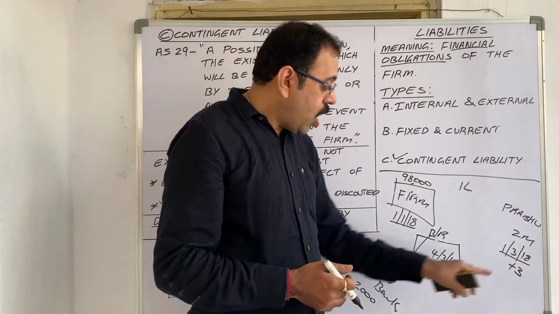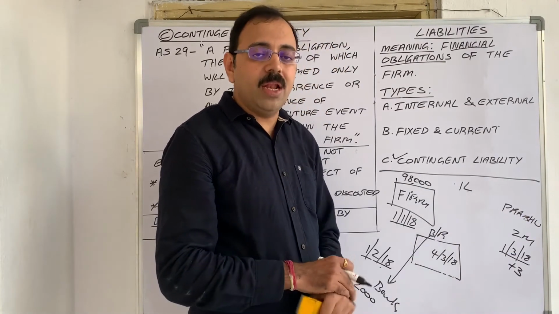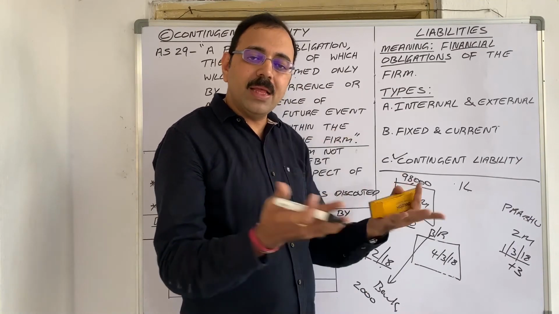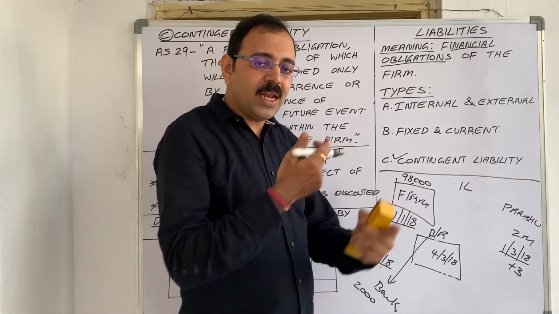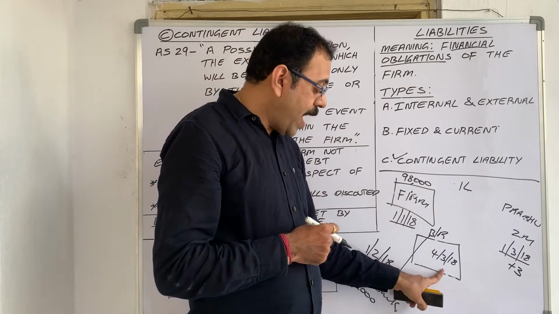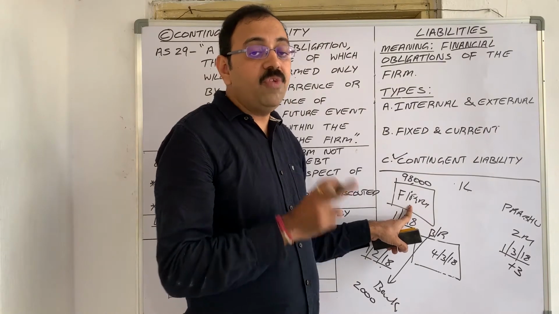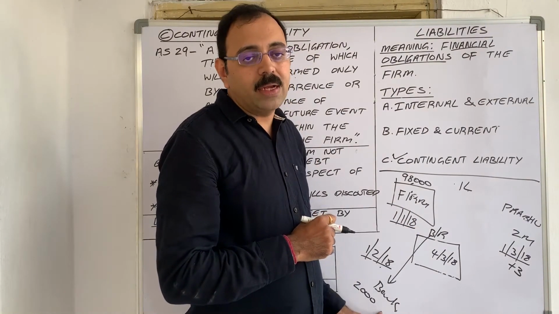Assume that on that particular day, Prabhu failed to honor the bill. Prabhu didn't pay the money. Then who is the second responsible person? Firm. Then bank demands that amount from firm only. Now we become liable to bankers.